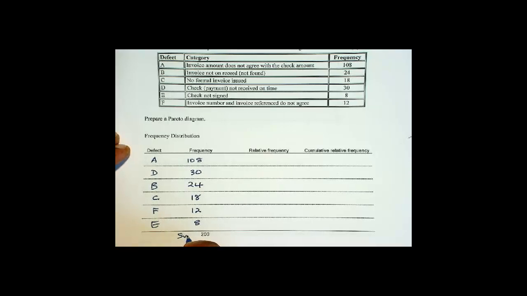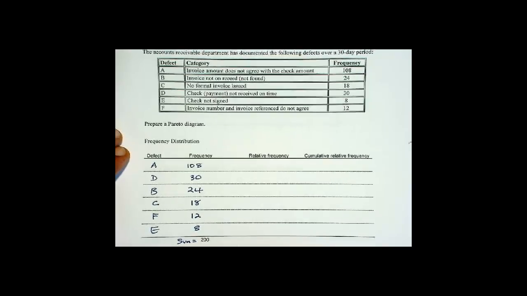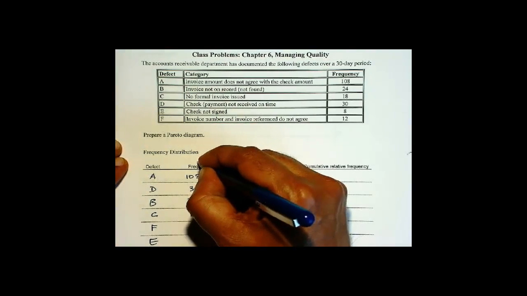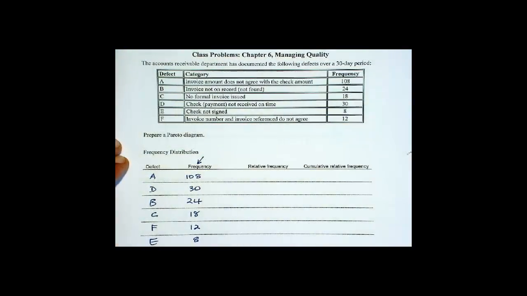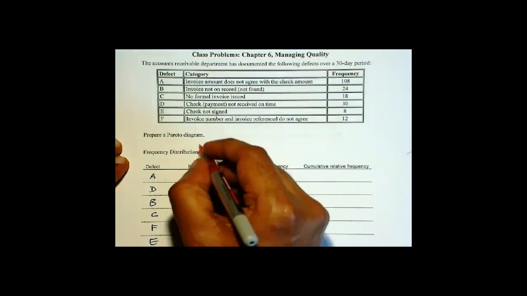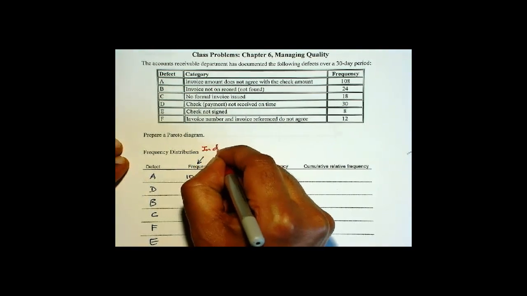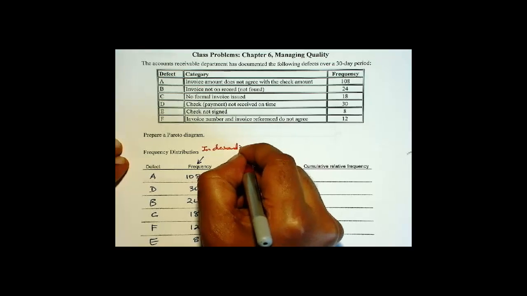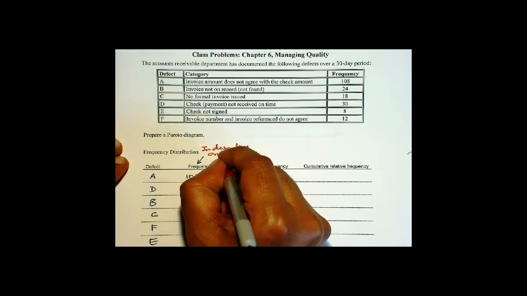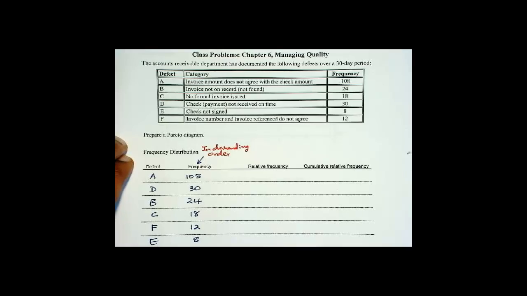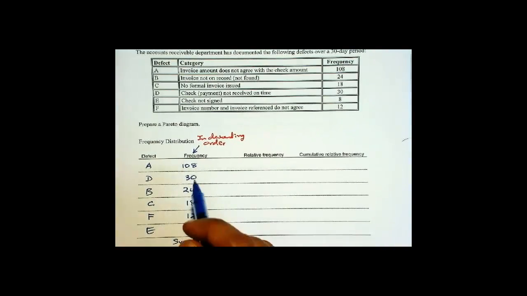And this sums to 200. Okay. So this is in descending order, and this is an important step. And then relative frequency.